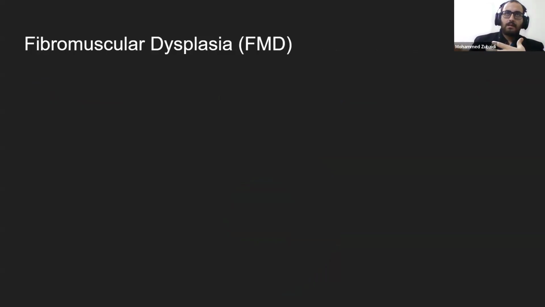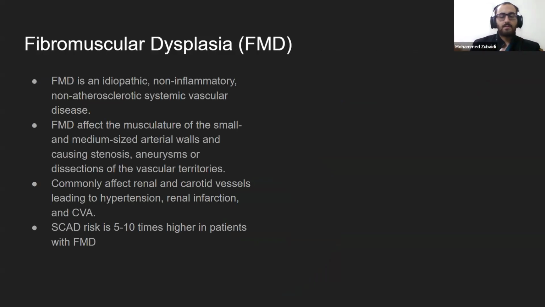So this patient's underlying disease was fibromuscular dysplasia. It's also defined as a non-inflammatory, non-atherosclerotic, systemic vascular disease. It affects the musculature part of the blood vessels, medium and small size vessels, causing aneurysms, dissections, and stenosis. We commonly hear about fibromuscular dysplasia in the context of renovascular cause of hypertension, and it can also cause renal infarction and CVA.